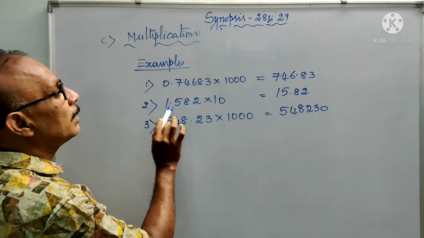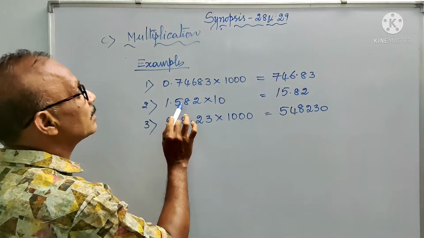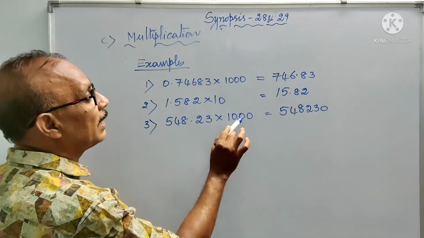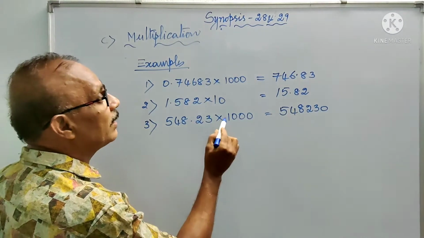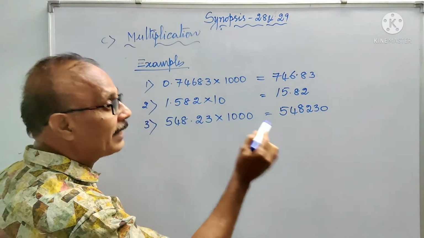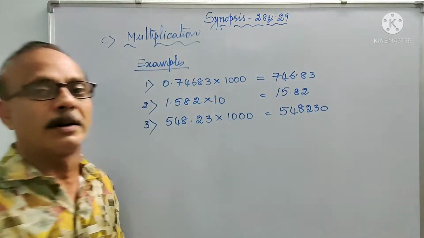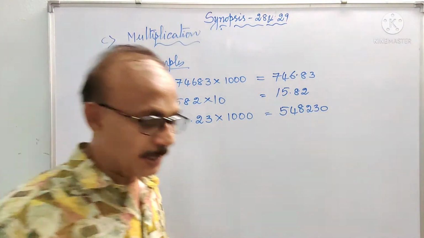In the second number, we are multiplying by 10, so the decimal point moved 1 place right side. And in the third number, again we are multiplying by 1000, 3 zeros are there, so the point should move towards right 3 digits, but there are only 2, therefore that extra 0 came there. So this is how we do multiplication of decimals.